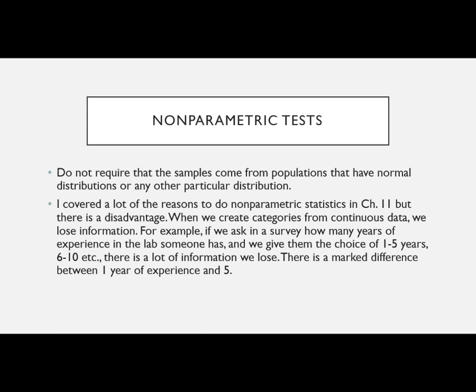There is a marked difference between 1 year of experience and 5, but if we make that a categorical variable and they check 1 to 5, we don't know whether they have 2 years of experience, 5 years of experience, or 2 months of experience. So if you can avoid going from continuous data to categorical data, then definitely avoid it. But if it can't be avoided, it's okay to do. Just note that you will lose information.